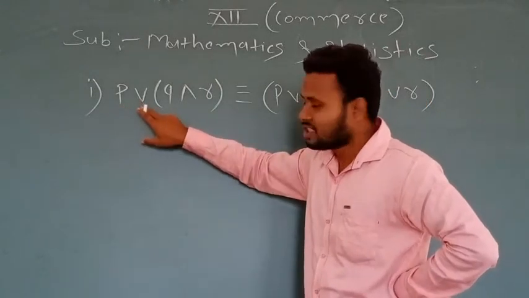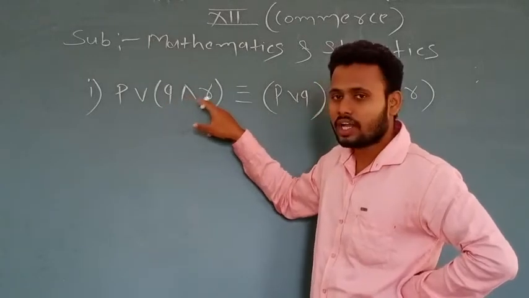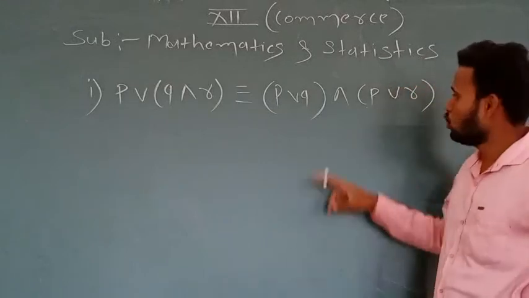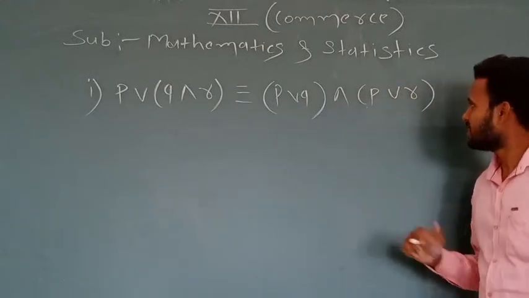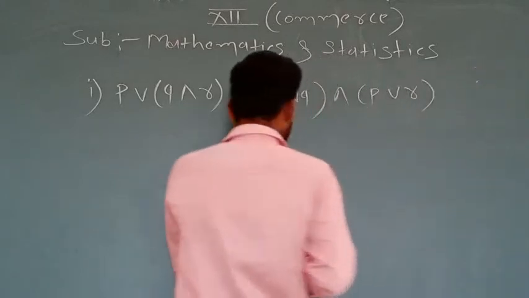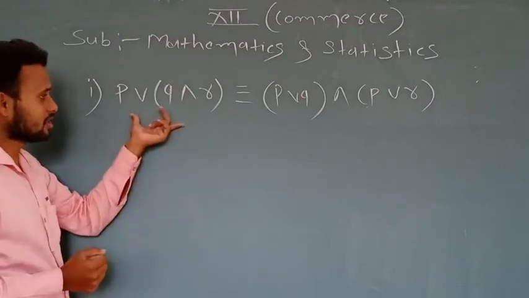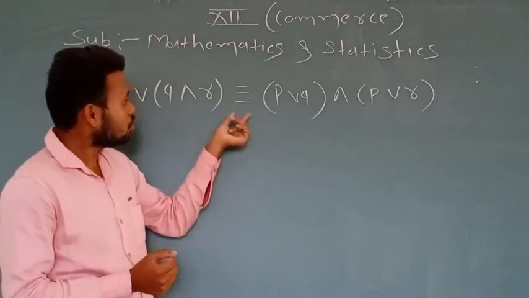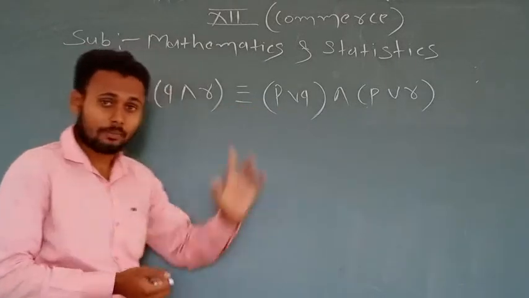P disjunction with (Q conjunction with R) is equivalent to (P disjunction with Q) conjunction with (P disjunction with R). We have to show these two statement patterns are equivalent, this one statement pattern and this one statement pattern. We have to verify by definition that these two statement patterns are equivalent.